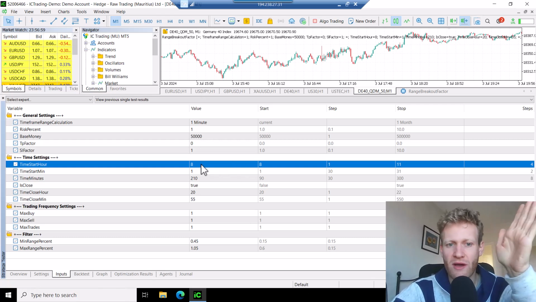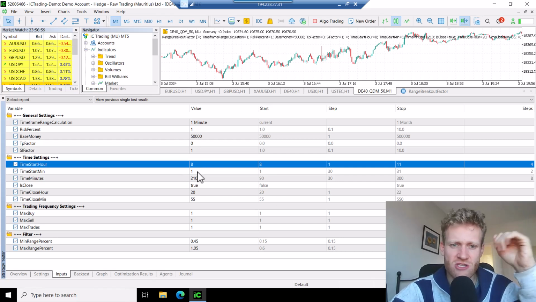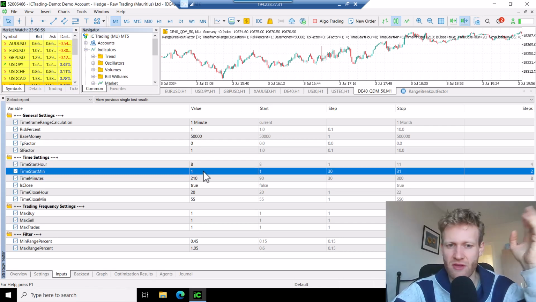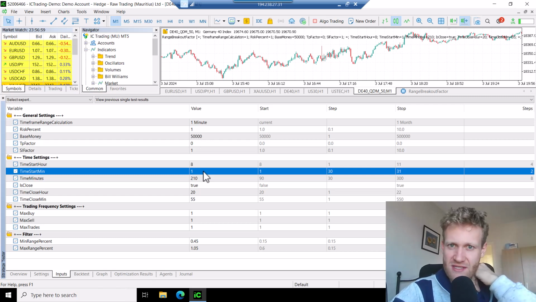If there's a new 1 hour candle, maybe there are news or something. So I like to go a little bit off these really important numbers, like the new hour mark, because I feel like this could reduce slippage.